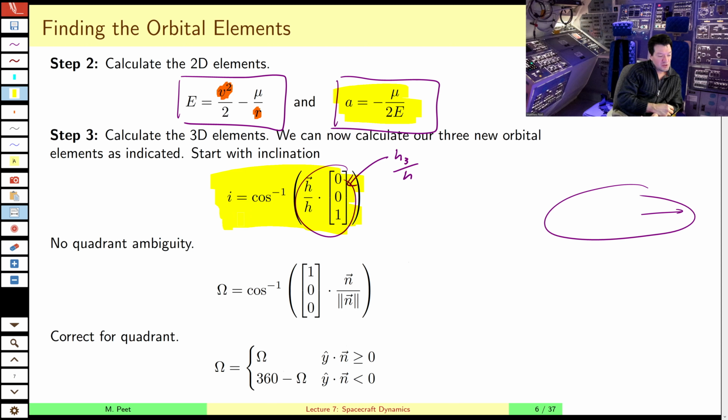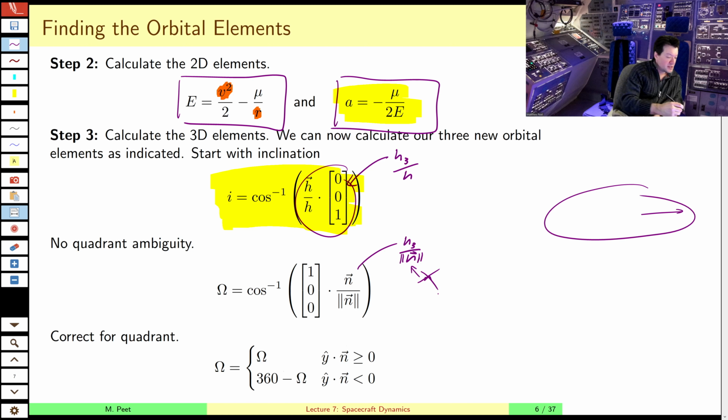Next, we go on to write essentially the ascending node. Here we have to use that line of nodes. Again, it's just the third component of the line of nodes divided by its magnitude. Here I use the magnitude to distinguish this from just n, which is, remember, mean motion.